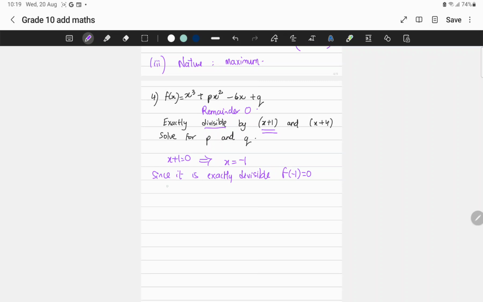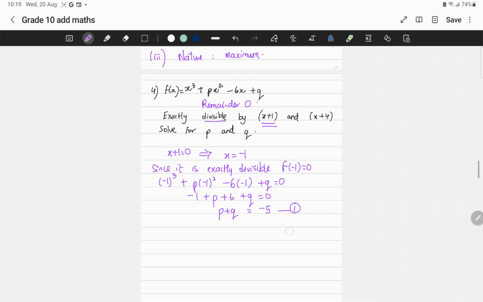So I replace minus 1 in the function. F of minus 1 will give me minus 1 power 3 plus p times minus 1 to the square minus 6 times minus 1 plus q equal to 0. And I will get the first equation, which is p plus q equal to minus 5.